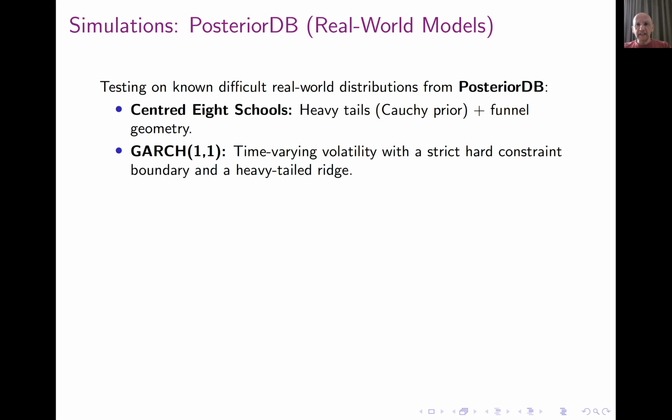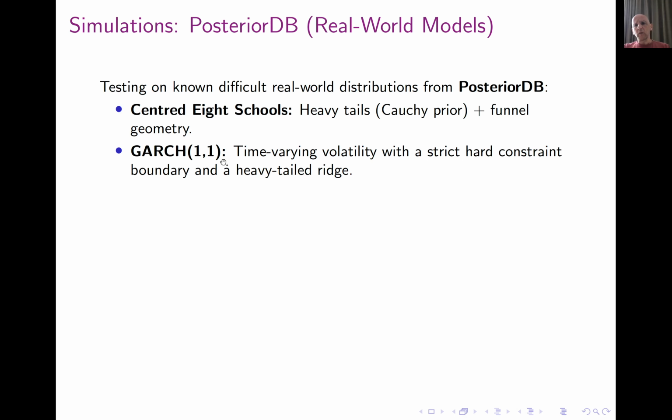Now, of course, in terms of real-world tests, there is a posterior database that contains difficult real-world data sets with priors that have both heavy tails and funnel geometry. Funnel geometry means this is a 3-dimensional prior or something like that, or a higher-dimensional prior, and then the mass is concentrated in a very small proportion of the space, in some specific directions.